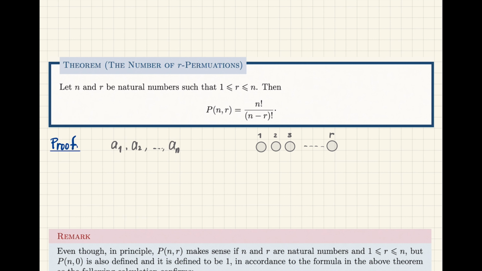Because I have n alternatives, this means that I have n options available to fill up the first position. Now that the first position is filled, when I go to the second position, because I'm not allowed to repeat, how many options are available for the second position? It's clearly n minus 1.